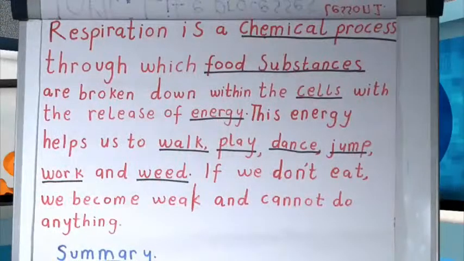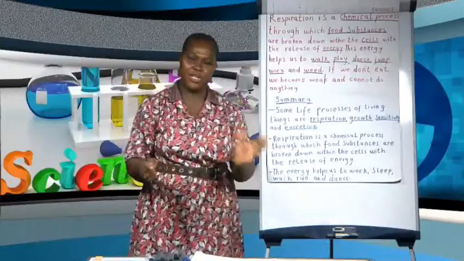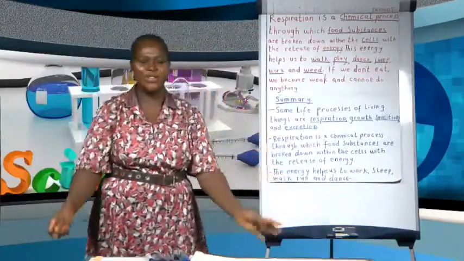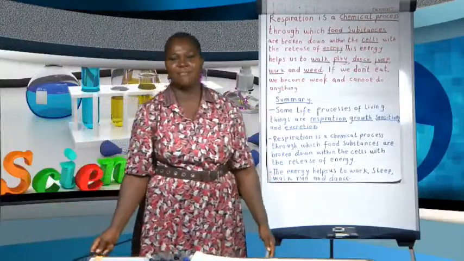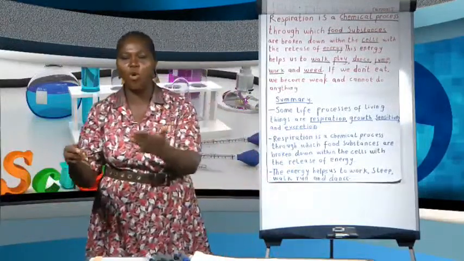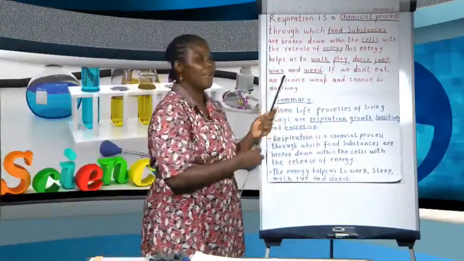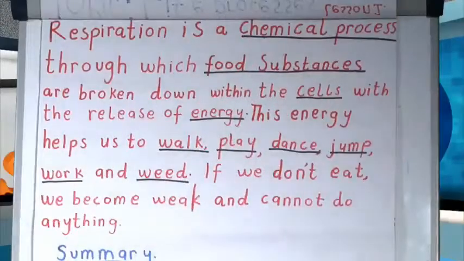Now, we saw from our screen that the children were eating. What they were eating is what? Food substance. Now, we have so many food substances in our environment. We have kenke and fish is also a food substance. We have banku and okra stew is also what? Food substance.